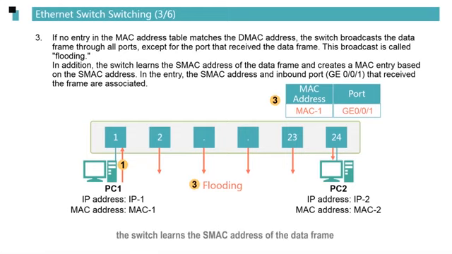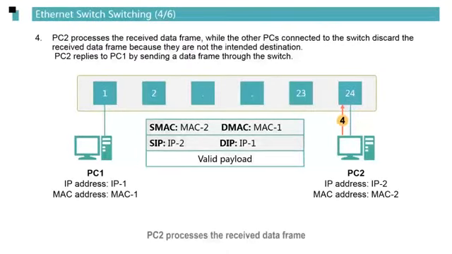PC2 processes the received data frame, while the other PCs connected to the switch discard the received data frame because they are not the intended destination.